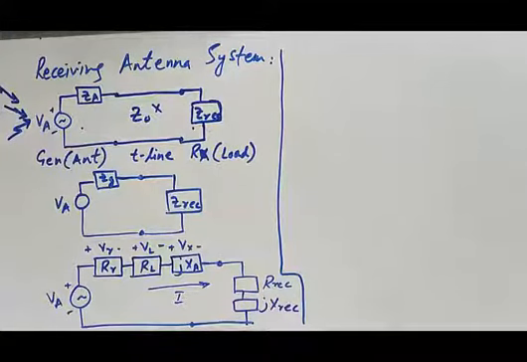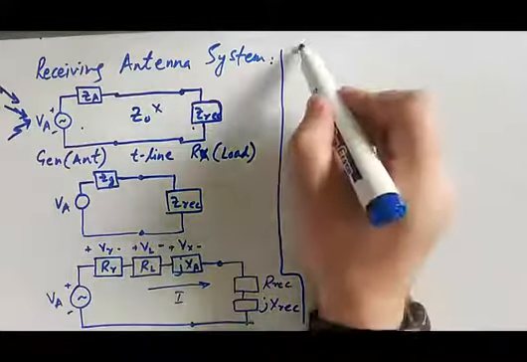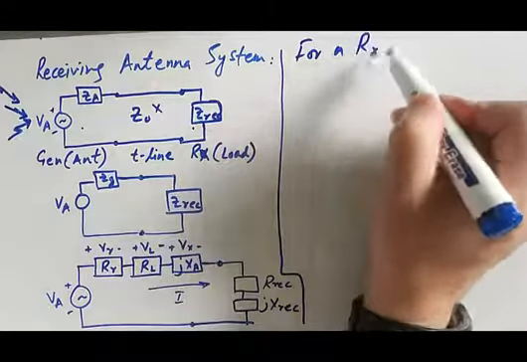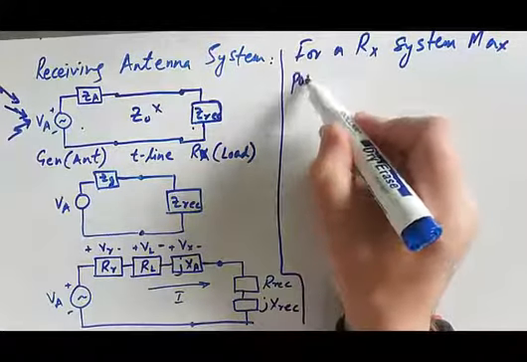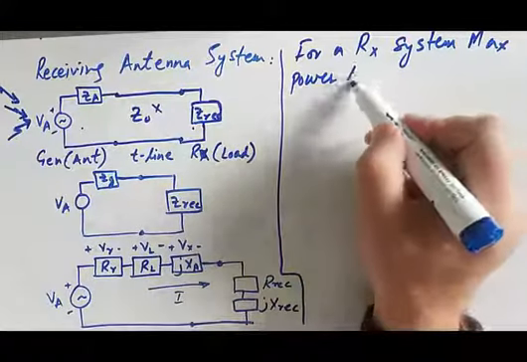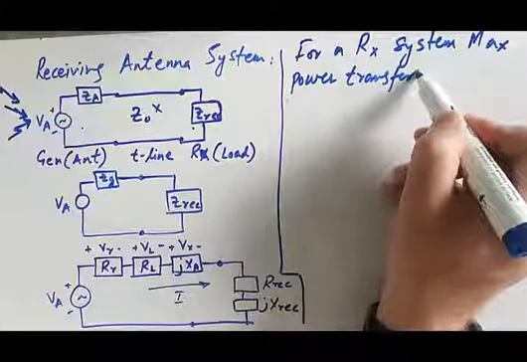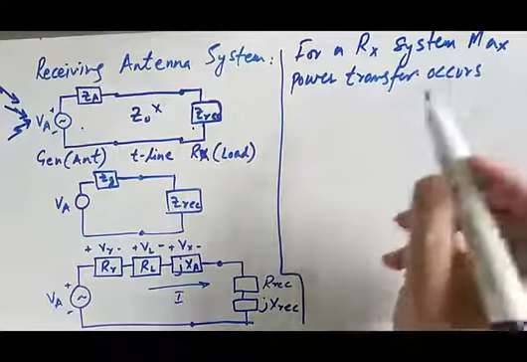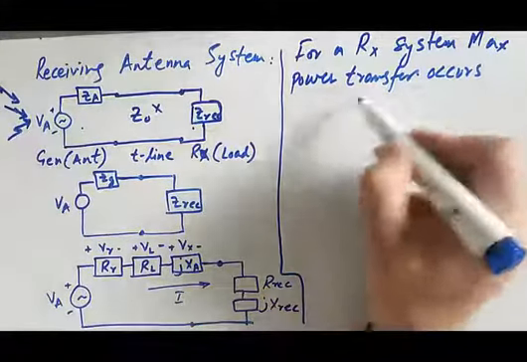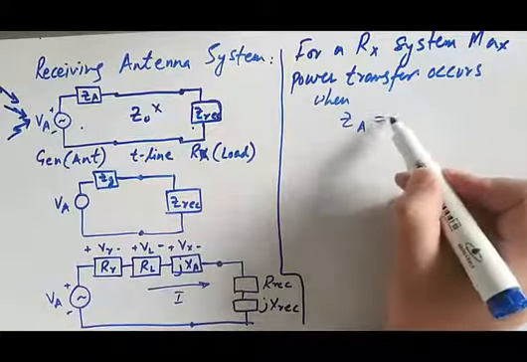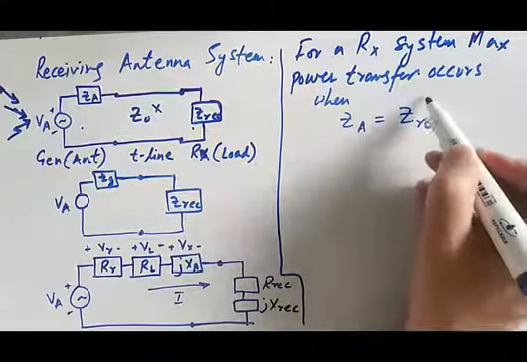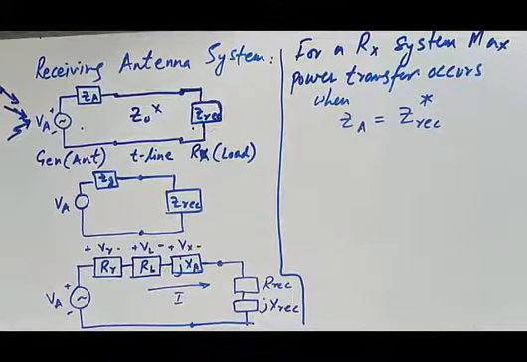So in this case, we again consider the maximum power transfer condition. For a receiver system, maximum power transfer occurs when ZA, where ZA is the antenna impedance, is the complex conjugate of the receiver impedance.